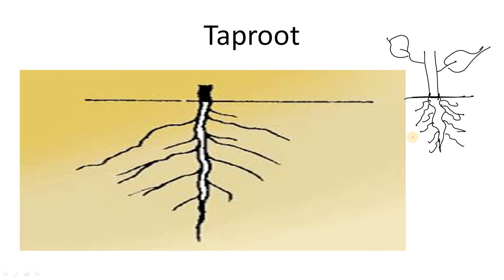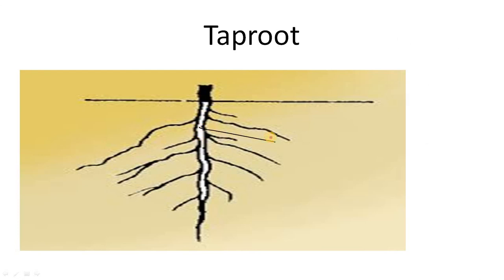This is a type of root where the main root, the white one, grows from the end of the stem and small roots grow from the main root.